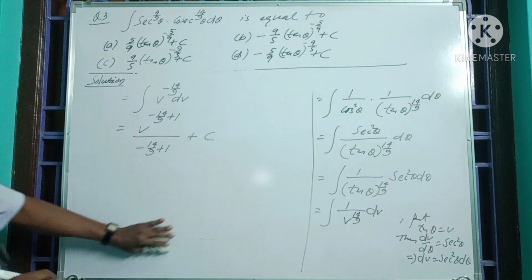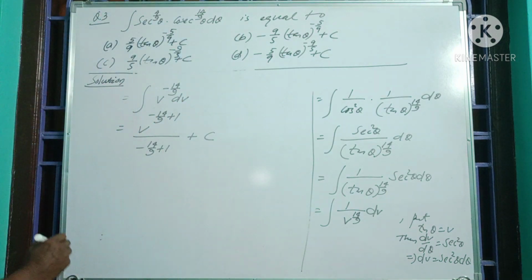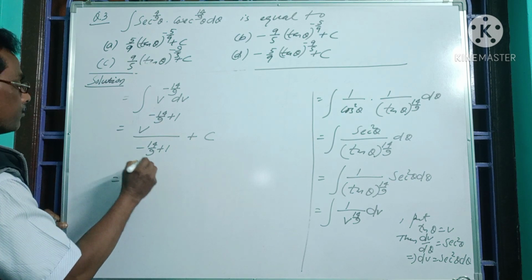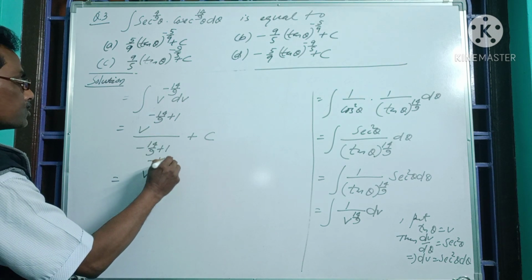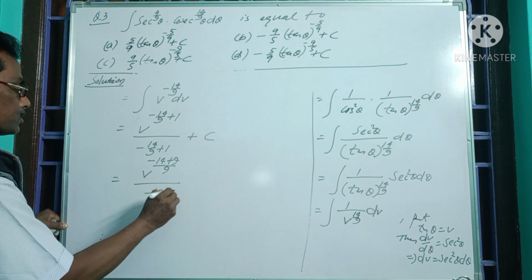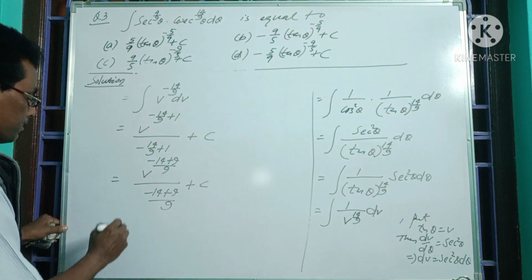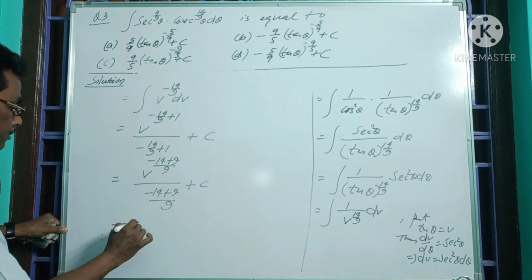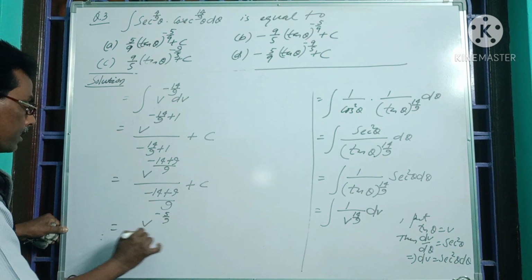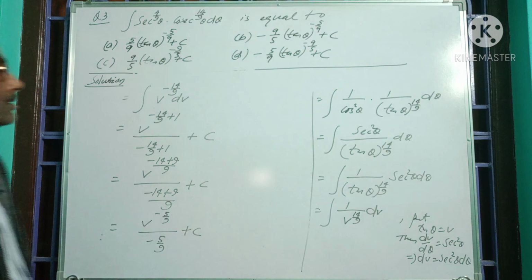In this process we completed the integration. Before the final result, simplifying we have v to the power minus 14 plus 9 by 9 over minus 14 plus 9 by 9 plus c. Simplifying again, we have v to the power minus 5 by 9 by minus 5 by 9 plus c as the constant of integration.